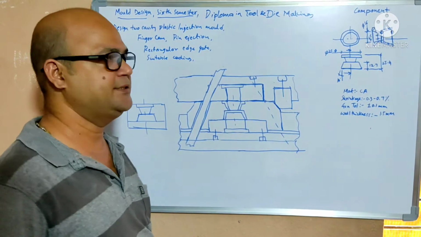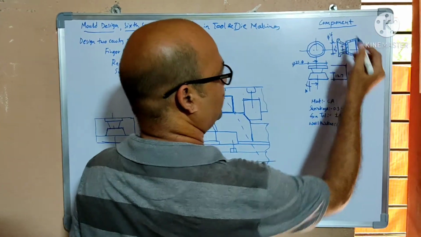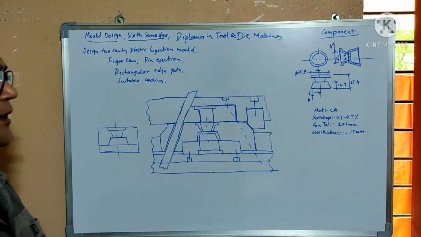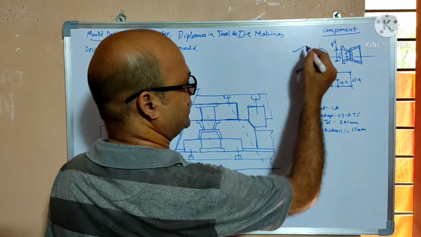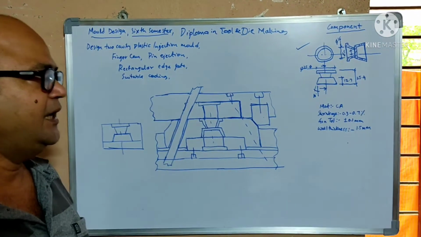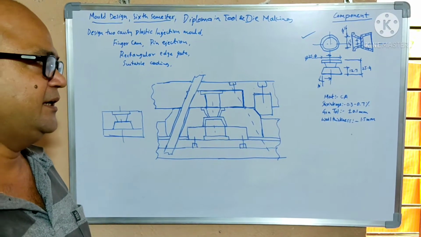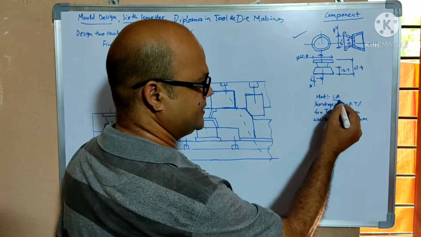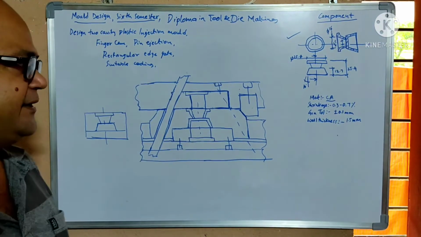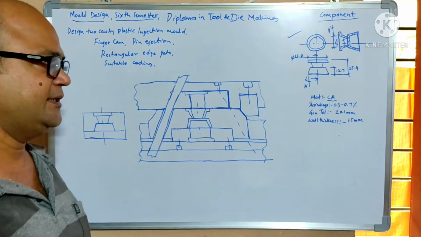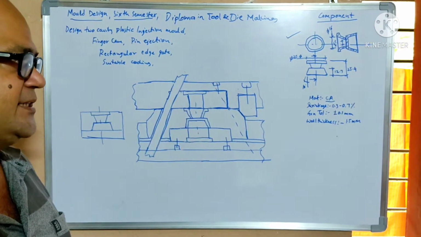Today's component is this one, and this component is made of the material CA. CA is cellulose acetate, and the shrinkage is 0.3 to 0.7%.